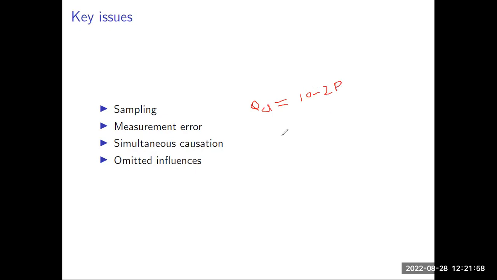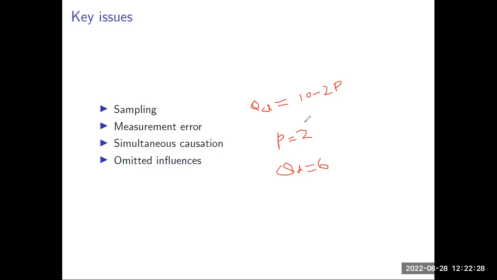Now if you think that p is 2, what will be the QD? QD will be 6. This is what your model tells you. The model tells you that if you set price equal to 2, your quantity demanded is 6.